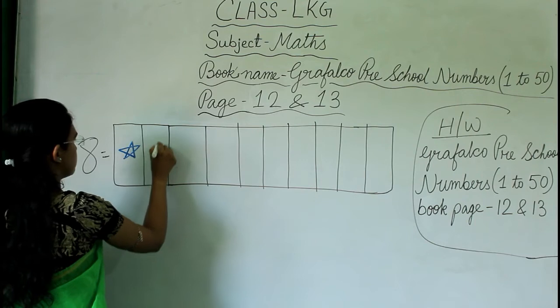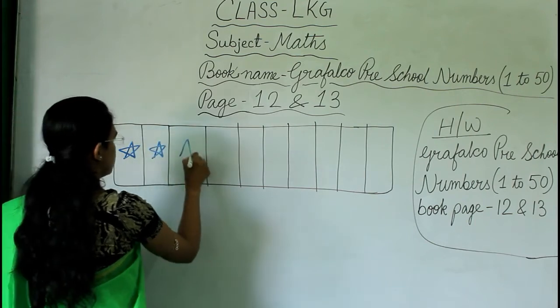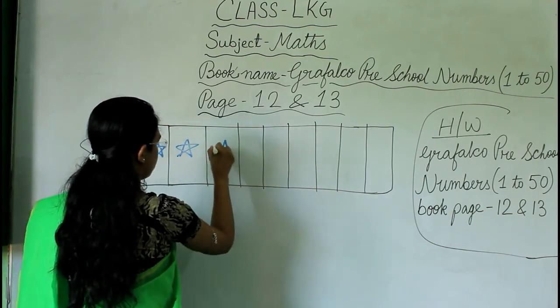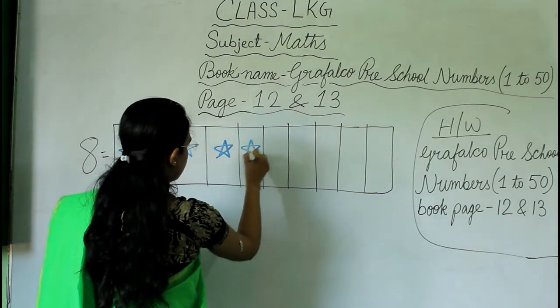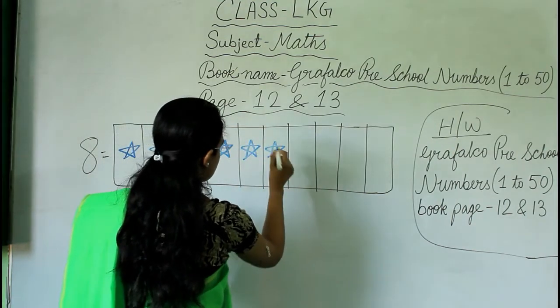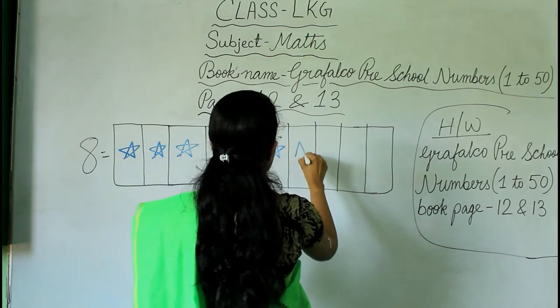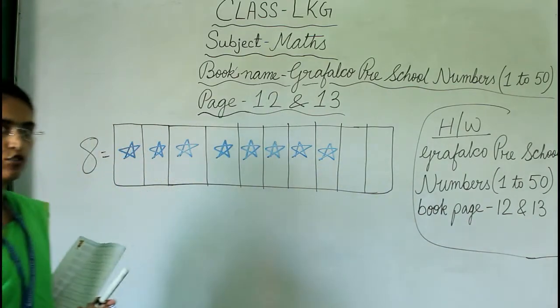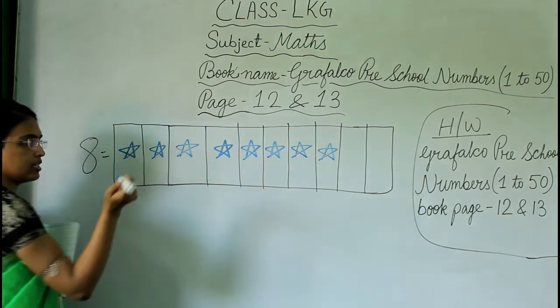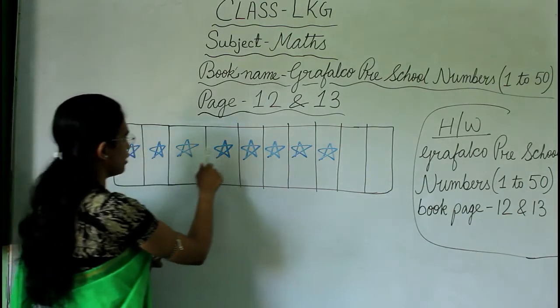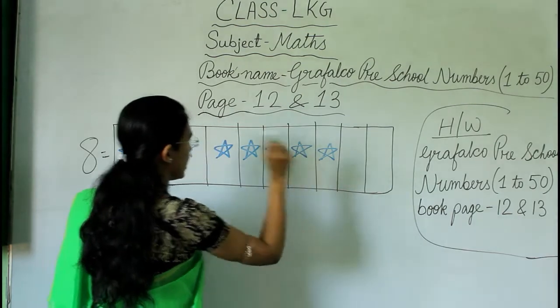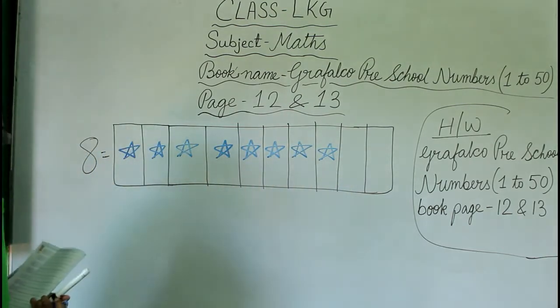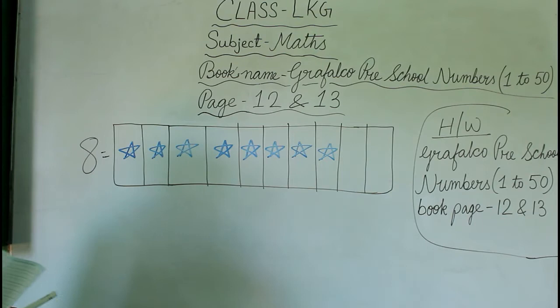One, two, three, 4, 5, 6, 7, 8. So how many stars have I drawn? 8 stars. Let's count. 1, 2, 3, 4, 5, 6, 7, 8. Why have I drawn 8 stars? Because here the number is 8.